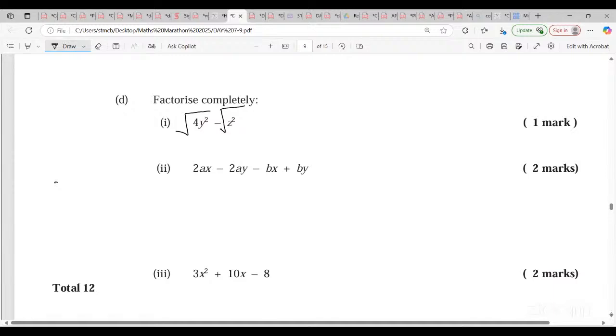So what number do we multiply by itself to give us 4y squared? That will be 2y. So that's 2y squared. And of course, that's z times z, so that's z squared. Of course, you have one on either side. So you have 2y, one should be plus and one minus. So that's 2y minus z.